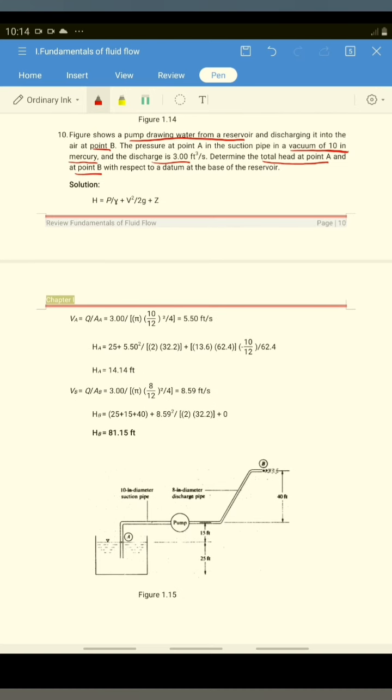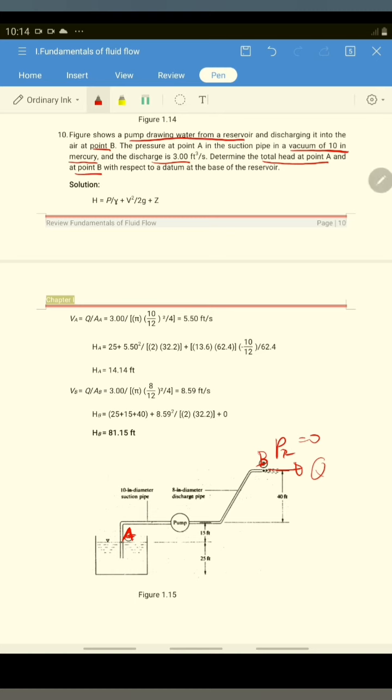Here, this is your reservoir A and this is your reservoir B, so your pressure here is equal to 0. But you have a pressure at A in vacuum, which is 10 inches of mercury.